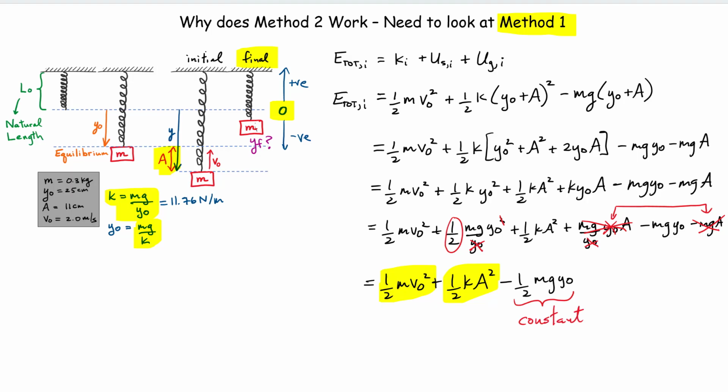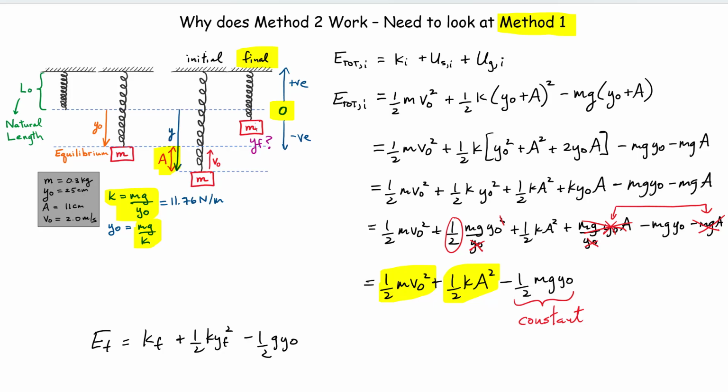So if you have it here in the initial configuration, you're also going to have it in the final configuration. So right away, I could write down the final energy of my system as being final kinetic energy plus 1/2 k y final squared. And then I'm still going to have a constant value, minus 1/2 mgy0.